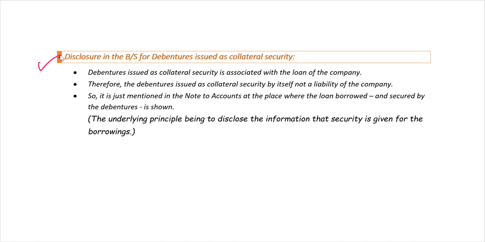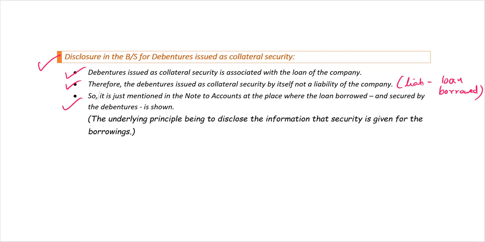That is a security in addition to the prime or the principal security. Therefore, the debentures issued as collateral security by itself is not a liability of the company. The liability of the company is actually the loan borrowed from, let's say, a bank.